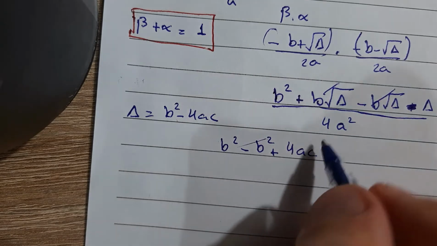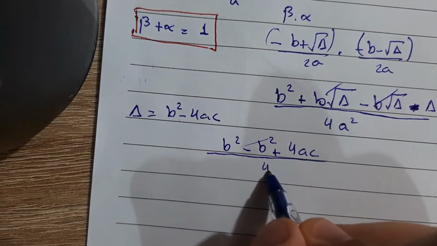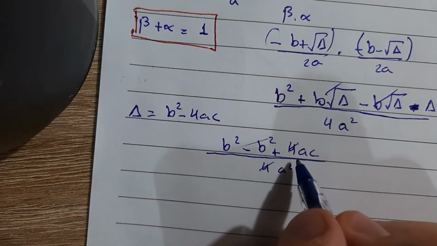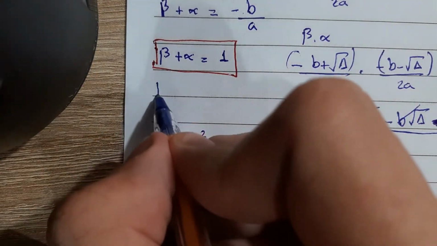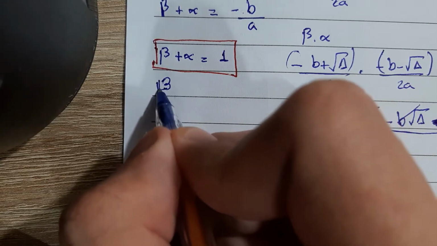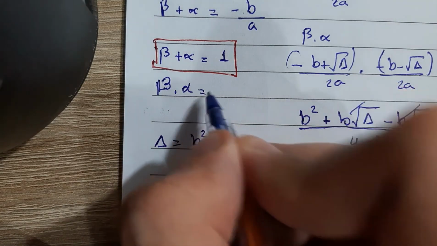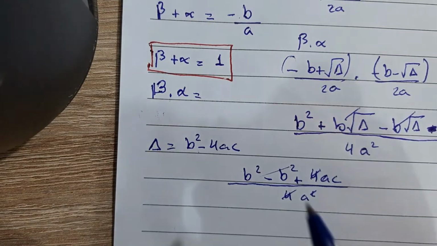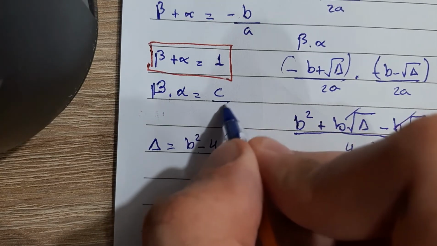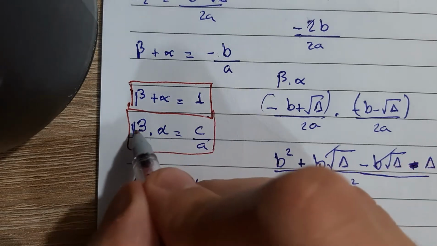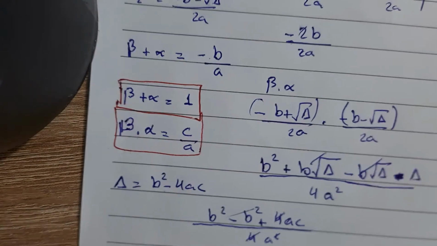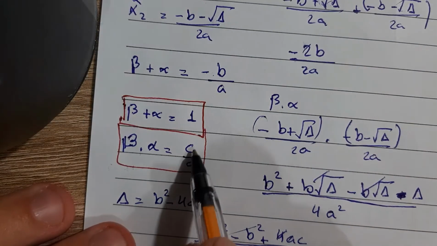So this one cancels, and remember that we are divided by 4a squared, 4 and 4. So what did we end up finding again? So we found that beta versus alpha is equal to c divided by a, and this is our second equation. Okay, so we're going to use this.